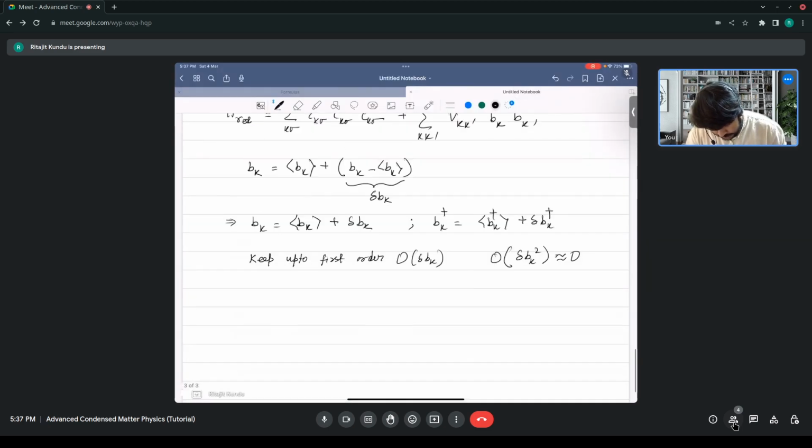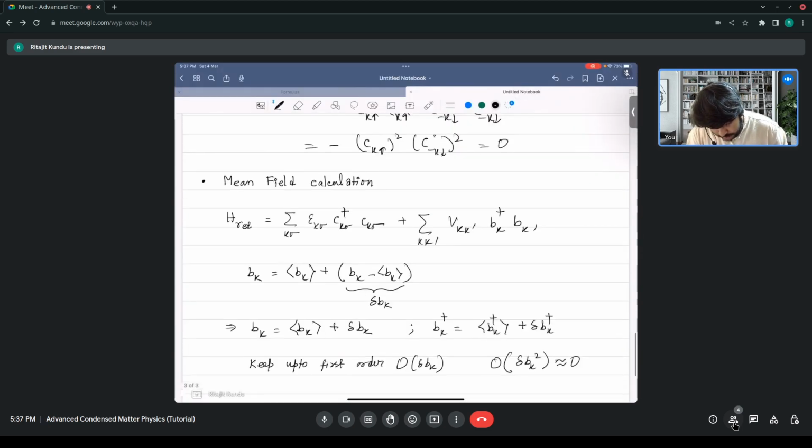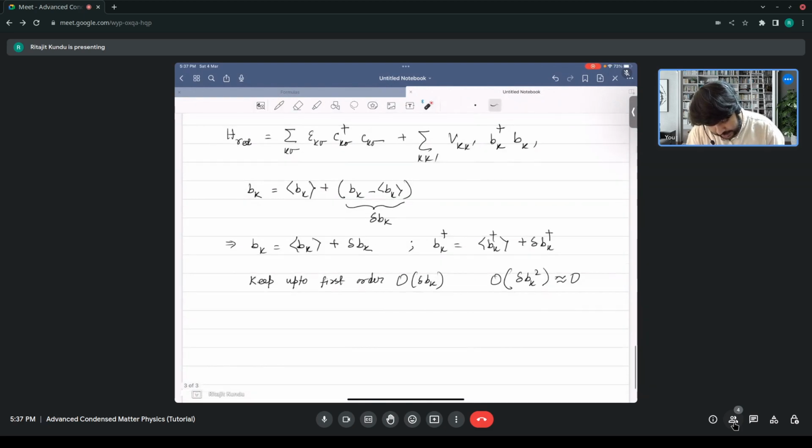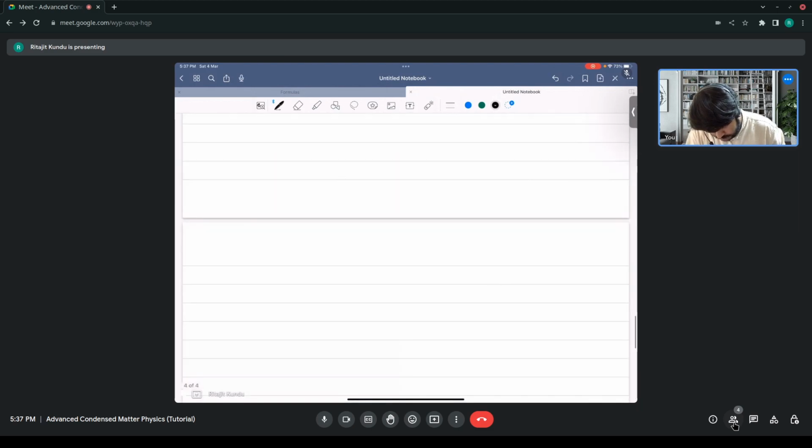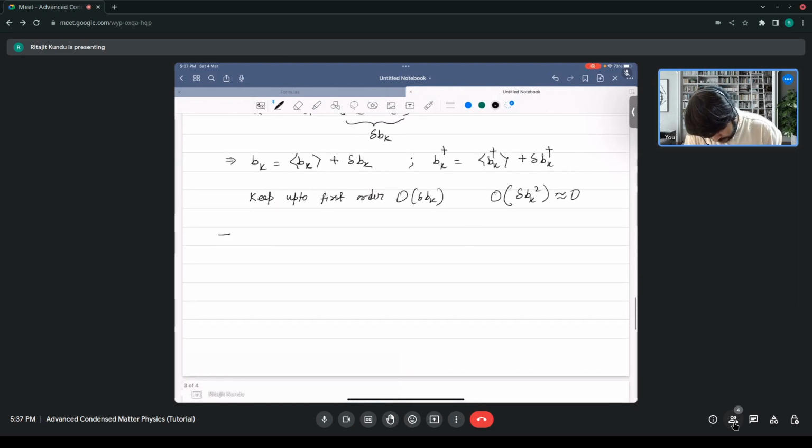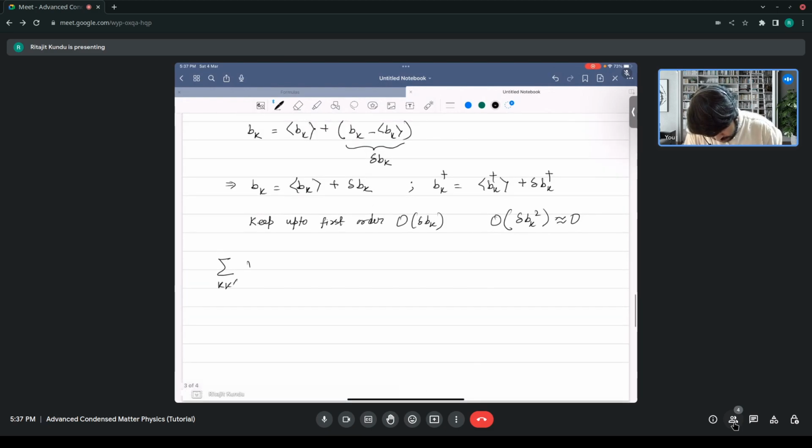So now let's try to put this thing in the interaction. Let us just focus on the interacting part for now. So there is k and k prime, and I have b k k prime, and I'll just substitute in place of bk and bk dagger.